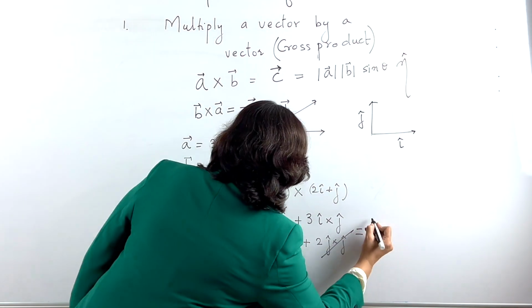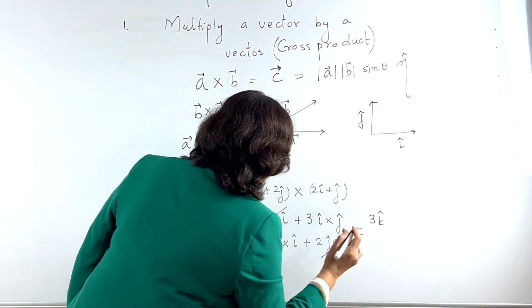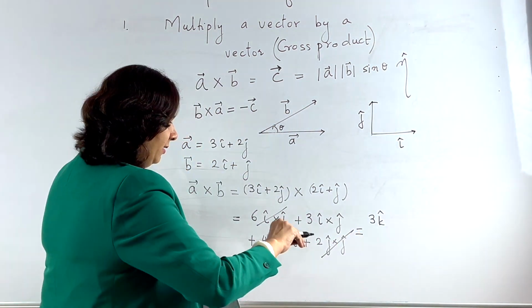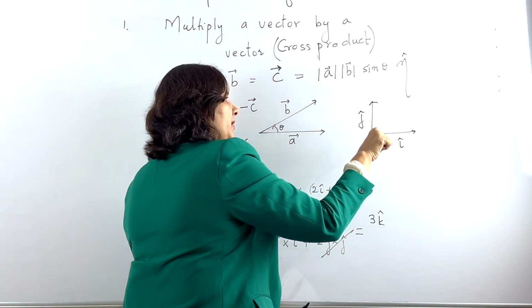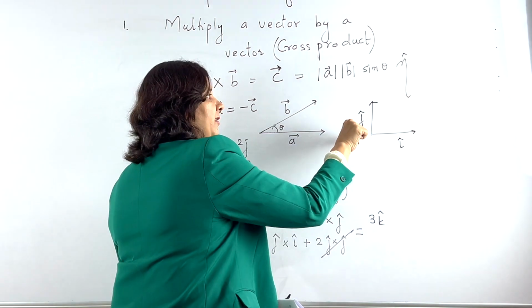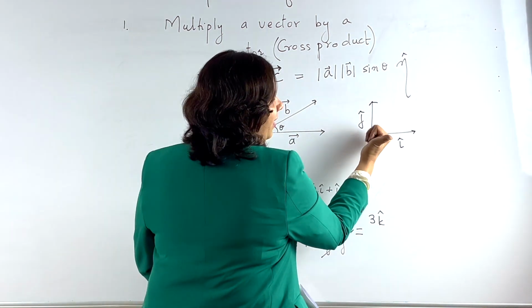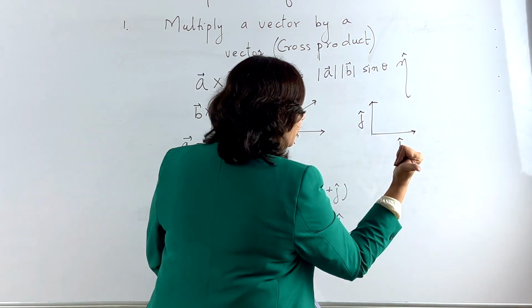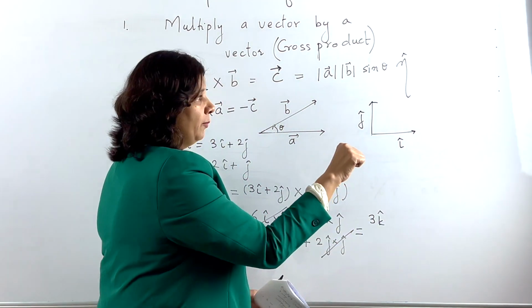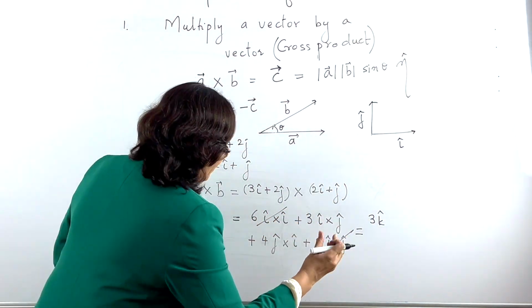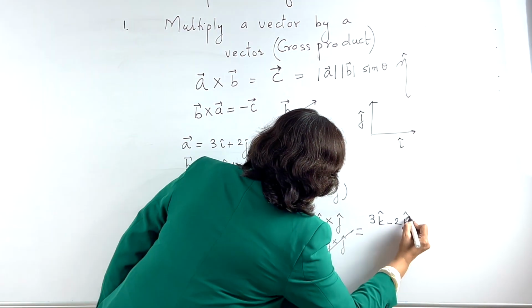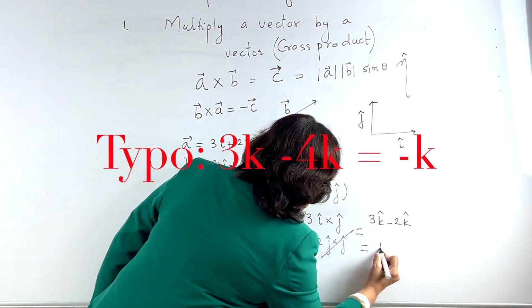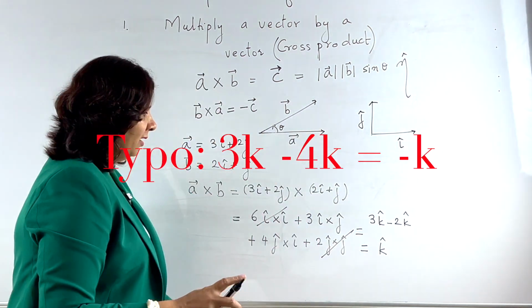So I will get here 3 k cap, and for j cross i, if I sweep from j to i, my thumb points in the direction inside the board. So if the direction outside the board is positive k, inside the board will be minus k cap. So you will get from here minus 2 k cap, and the total will be equal to k cap.